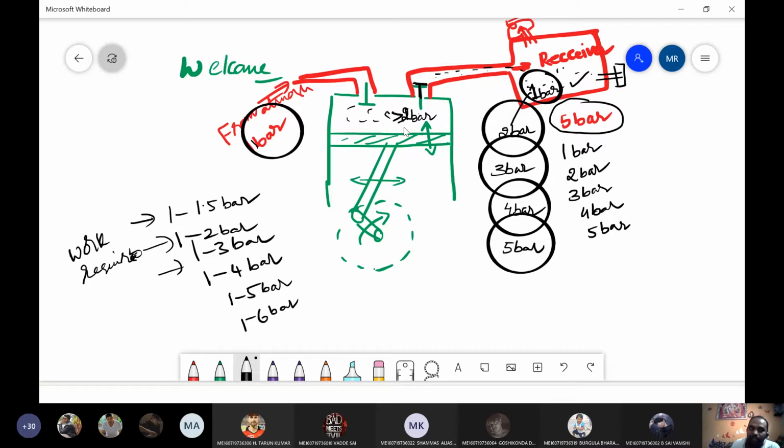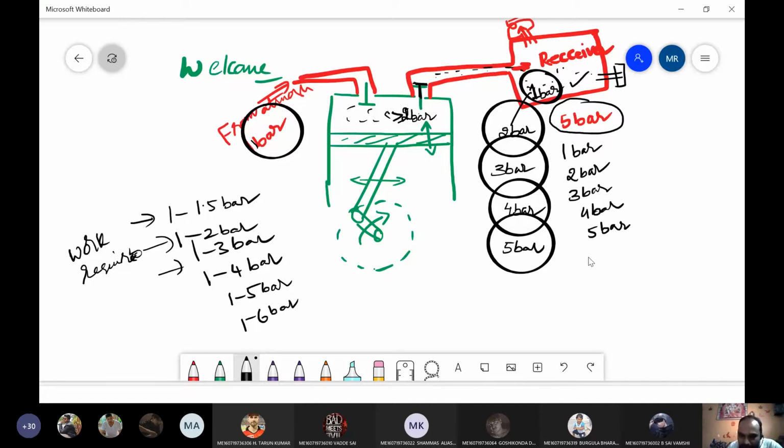If the pressure is increasing inside the tank, the work consumed by the compressor is also increasing because it needs to compress more and more. Thereby, we need to supply more work to the air compressor if the pressure inside the receiver tank is increasing. Agree?